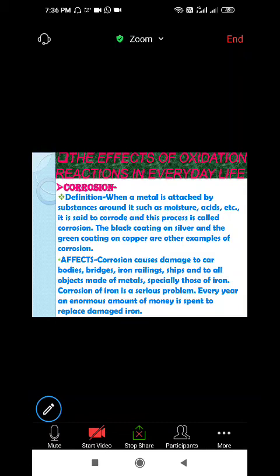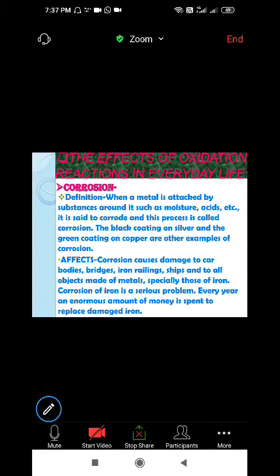So let's just see the effects of corrosion. Corrosion causes damage to car bodies, bridges, iron railings, ships, and to all objects made of metals, especially those of iron. I hope you guys are clear with this now. Corrosion of iron is a serious problem.